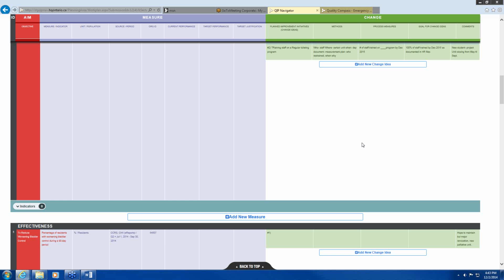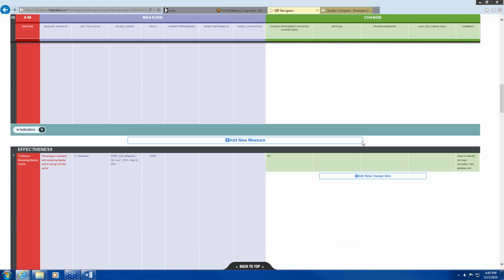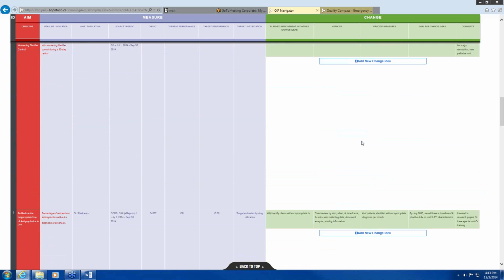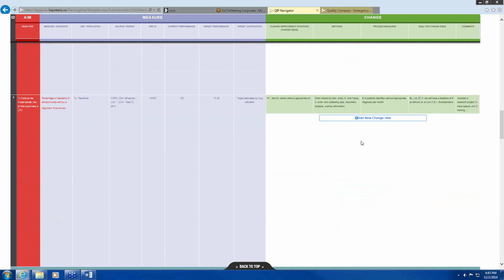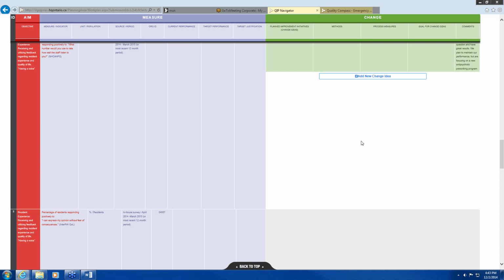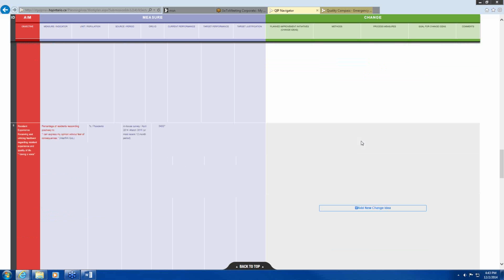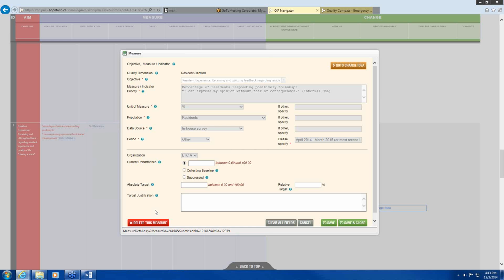Is there anyone who would like to see other parts of this? So Mark, one of the things I'd like for you to put in is to just pick one that we haven't looked at. So this one here, percentage, yeah, this one. Yep, so let's just pick this one. And we're going to put in, let's just put in a target.